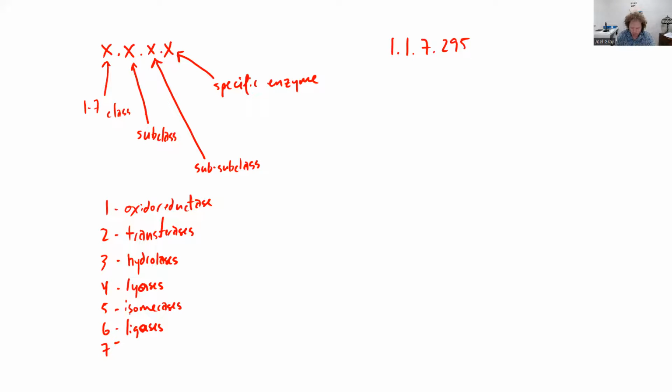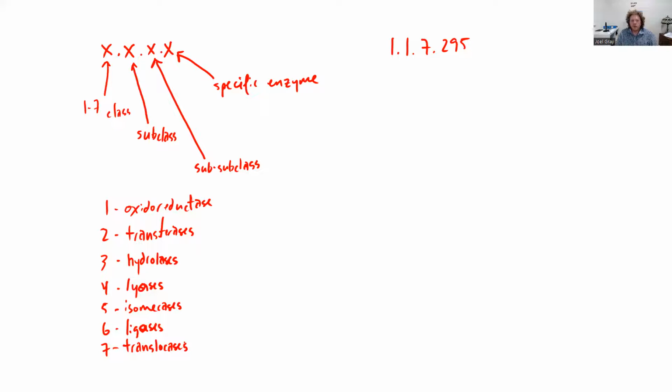Your last group are known as your translocases. So this is the class of enzymes that is involved in movement of one molecule, perhaps an ion or something like that, from one side of a membrane to another side of a membrane. So those are your 7 different classes. Now, every single enzyme that is known is going to fall into one of those 7 categories.